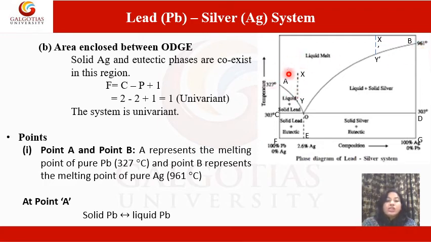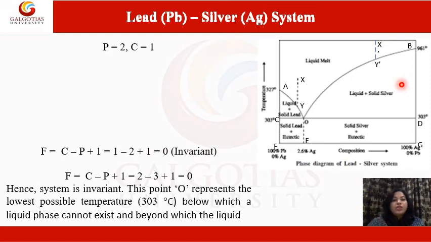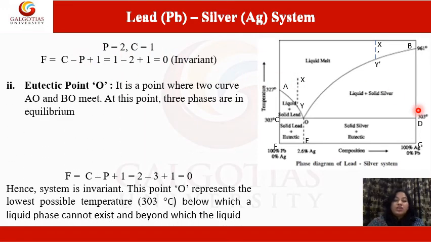So at point A, solid Pb and liquid Pb are in equilibrium. So for that, the number of phases is equal to 2 and the number of components is equal to 1. So according to the phase rule equation, F is equal to C minus P plus 1, that is equal to 1 minus 2 plus 1, means 0. So the system is invariant.